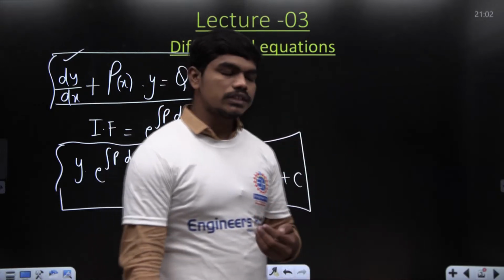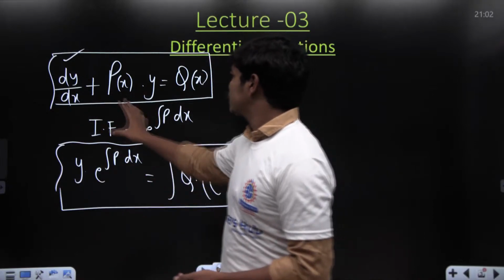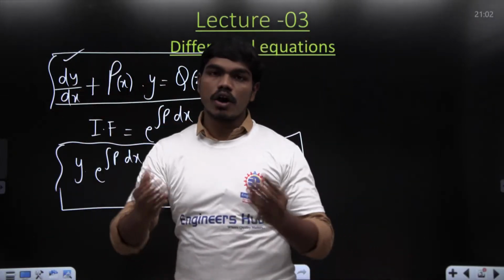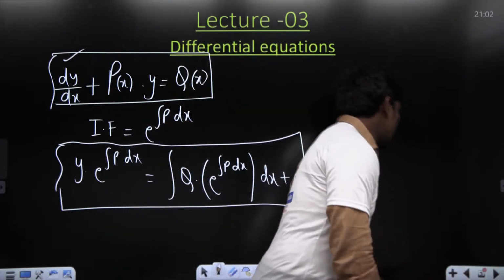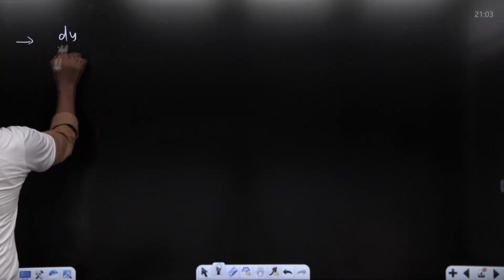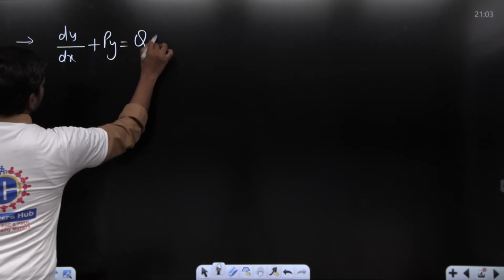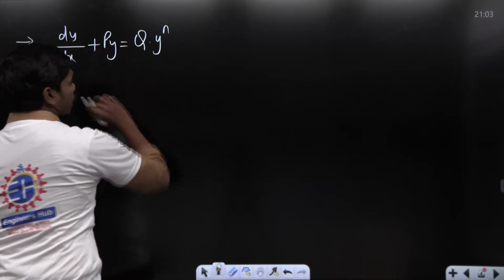Okay. Since we know how to obtain the solution of a particular type of differential equation, the one of this form, with the help of this equation we can also solve some non-linear equations. Look how to do that. Let us suppose there is an equation of the form dy by dx plus py is equal to q times y power n. Can you tell me whether this is a linear or a non-linear equation?